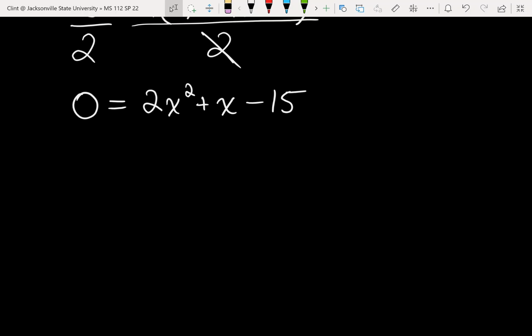So A is 2. What's our B? 1. And then C's negative 15. Quadratic formula.